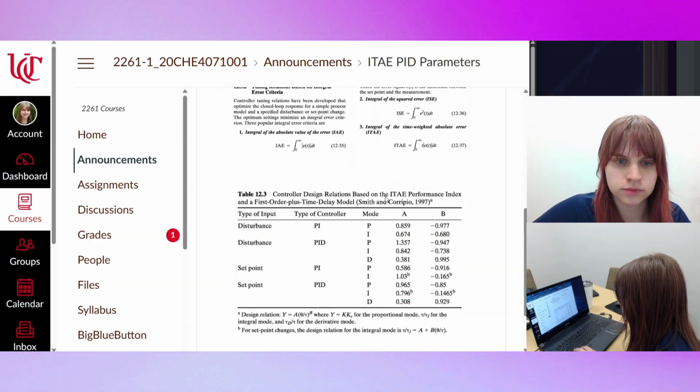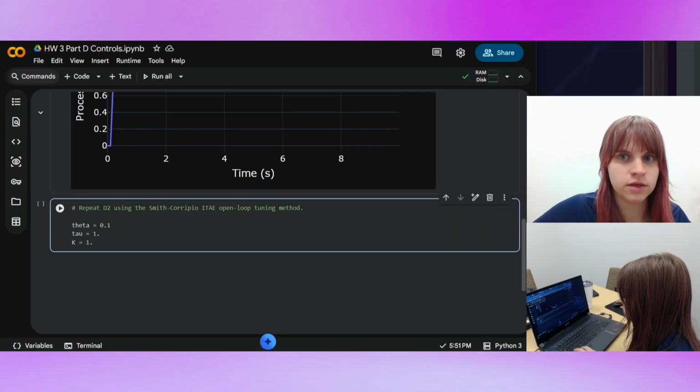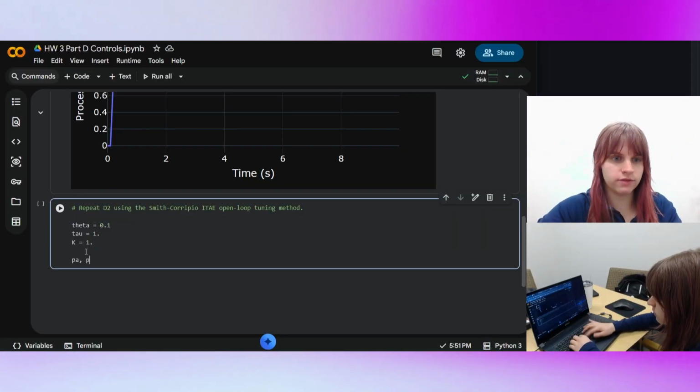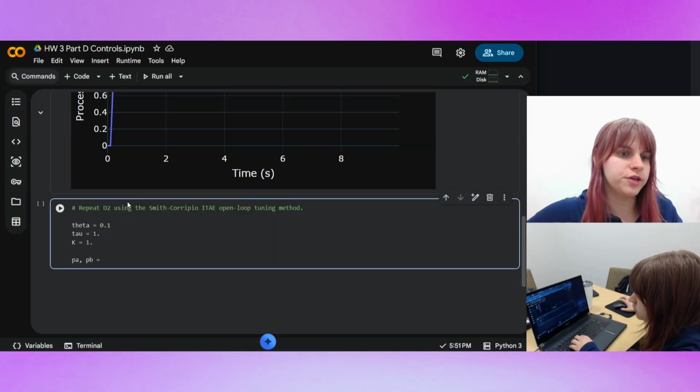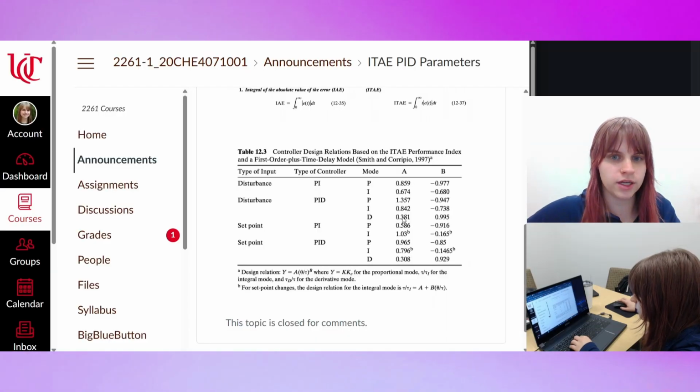Here, we are using a PI controller. So these are our A and B values, which I will go into what that means in a minute. We're given those, and we're going to call that PA and PB. So the proportional for A, proportional for B that we're given. We have 0.859 and 0.674.